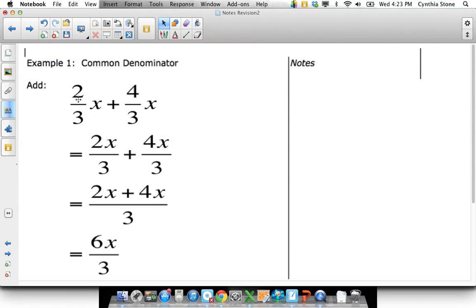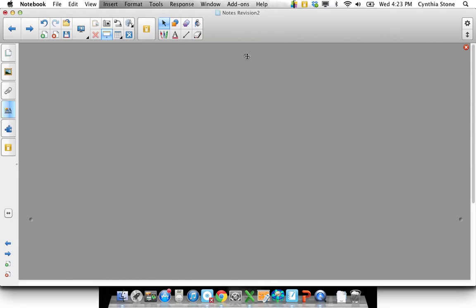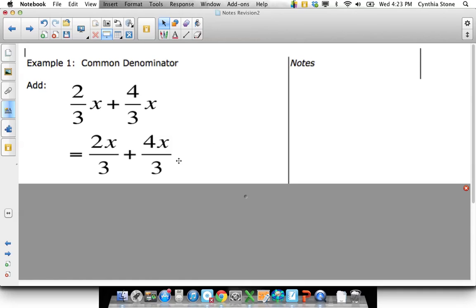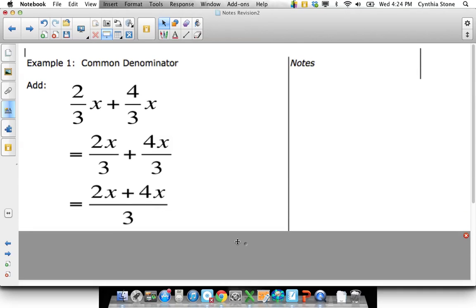Moving on. So let's just do a simple common denominator adding. I like to have this on here so I don't want you to get far ahead of me. So first of all, I jumped into that first step right away. And we're just adding. And you probably, hopefully remember with adding fractions, the denominator doesn't change, right?